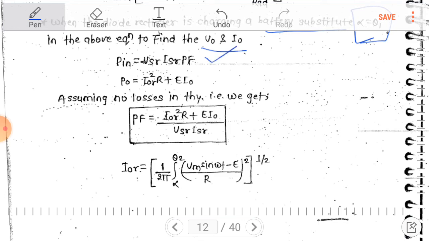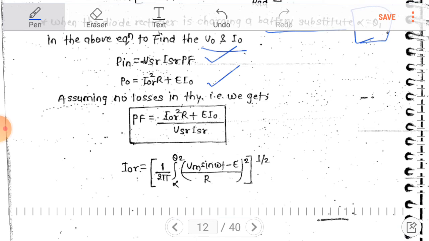Here P input equals source voltage times source current times PF, and output power is equal to I RMS square into resistance plus EMF into average current.